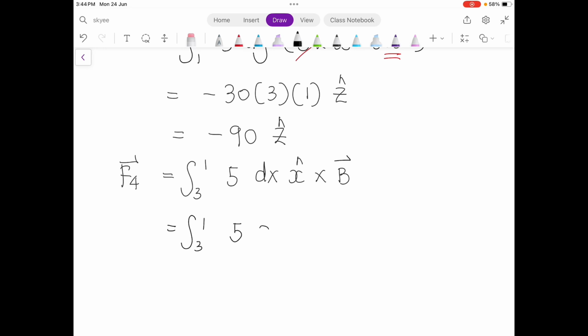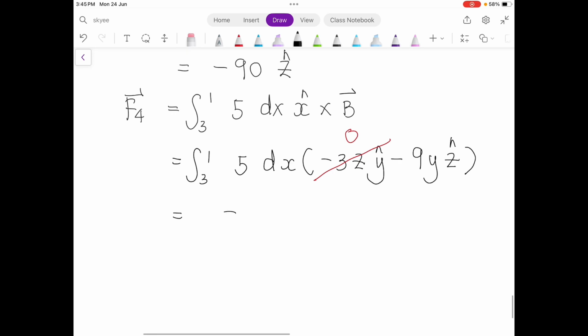And here you have a dx, then multiply negative 3zy minus 9yz. Okay, so over here is equal to 0. So here you have negative 45.